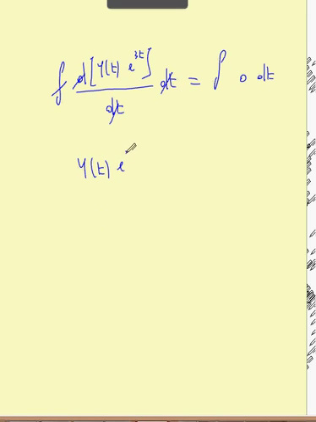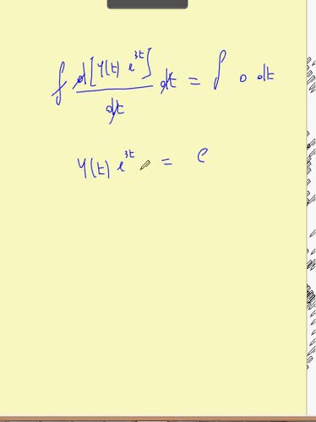So our general solution can be obtained because we need to isolate y of t. So we need to multiply by e to the power of minus 3t both sides, because this is 1. Can you see that this is 1?